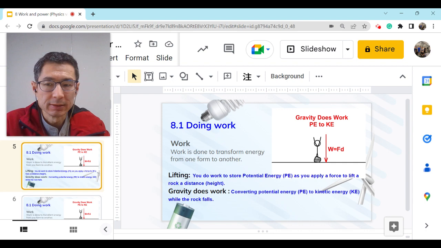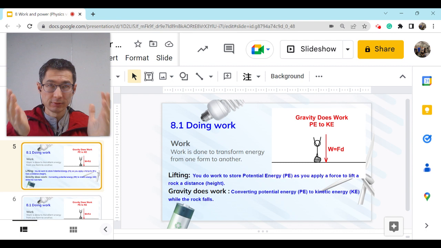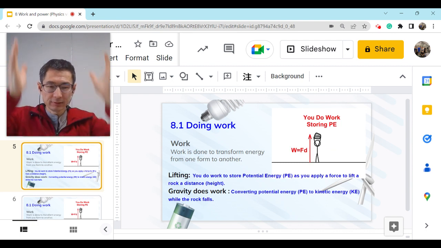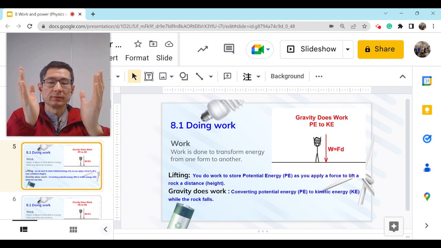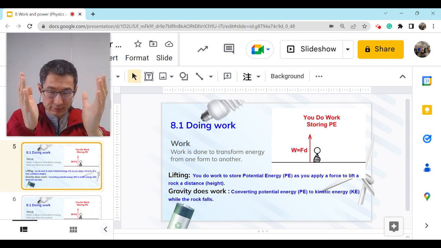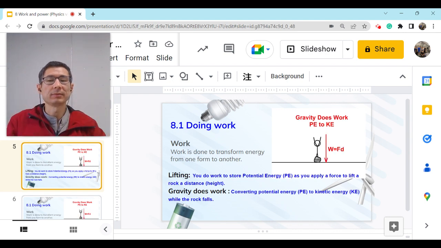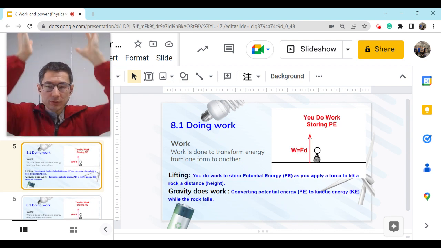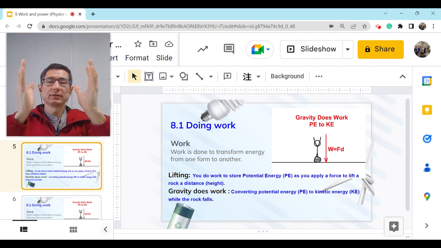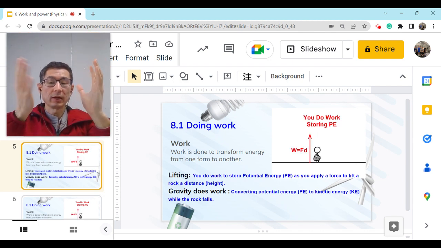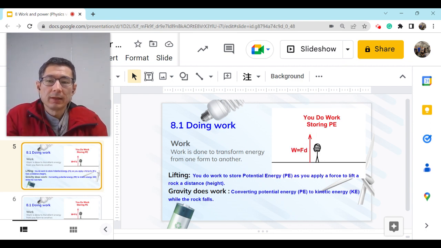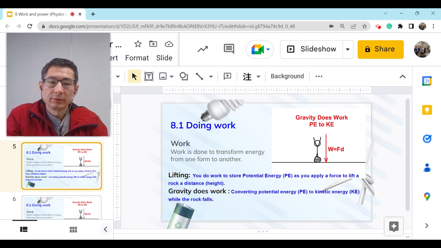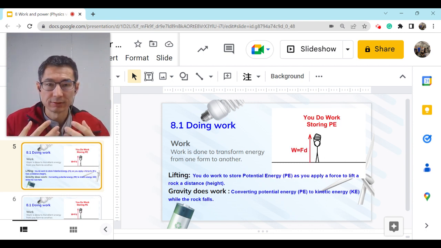We have a small animation here, a 1.5 kilogram rock. So we are lifting it. While we are lifting it, we are doing work against the gravitational force. I'm applying a vertical force upwards, and so I'm doing work against the force of gravity, and the object is gaining energy.